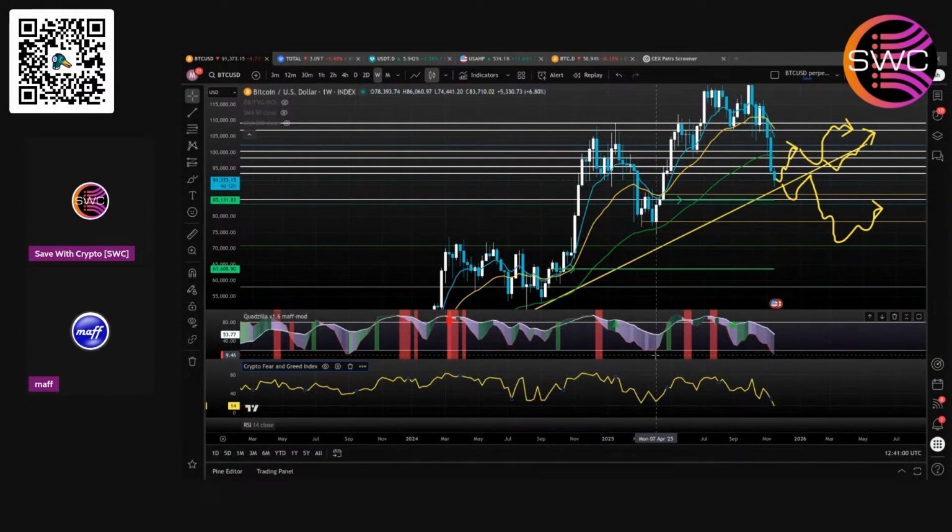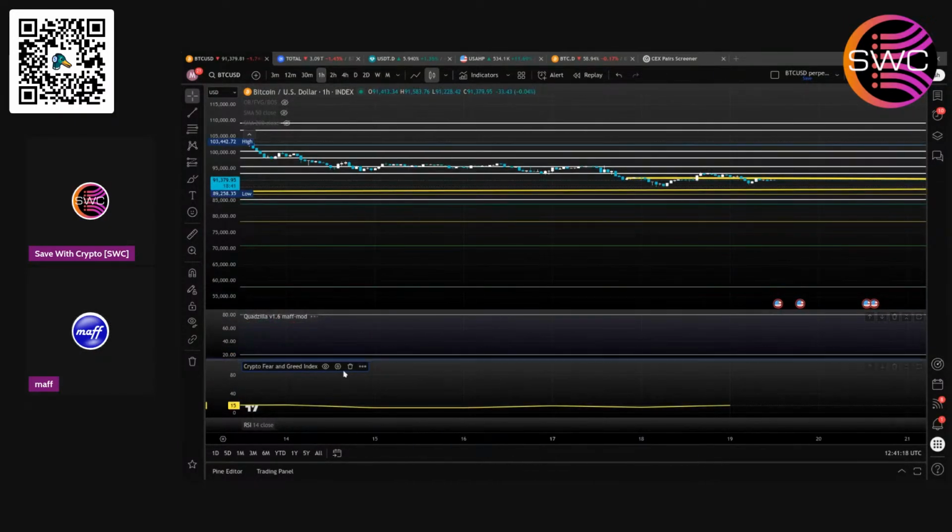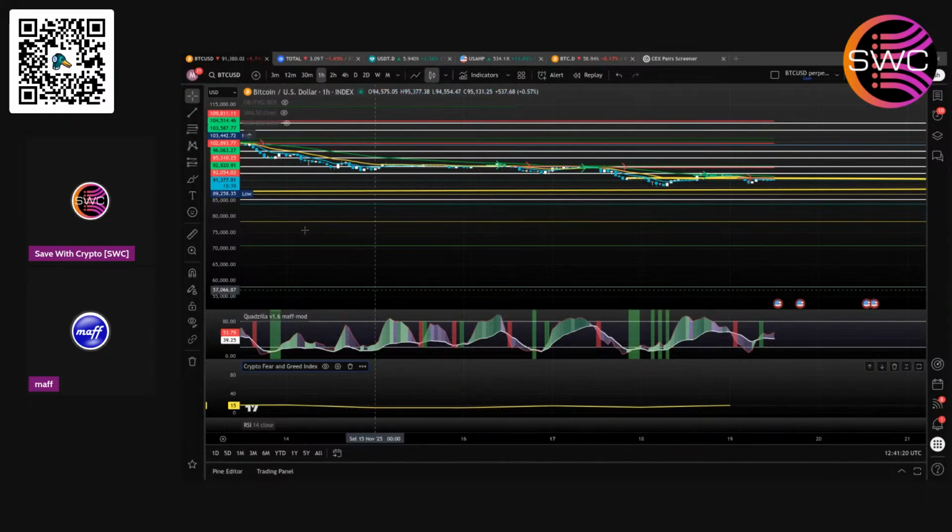Not exactly, and in fact, quite often this just plays it out better. You get more of a feel for whether the market is really topping or bottoming. And also, this doesn't really work on the lower time frames. In fact, it doesn't work at all. Like if we went to the 1 hour, you kind of get that.